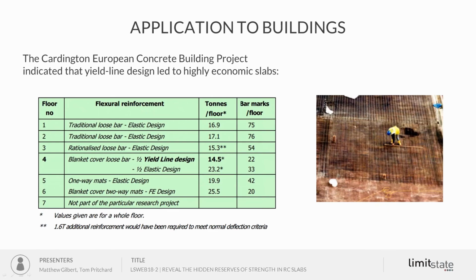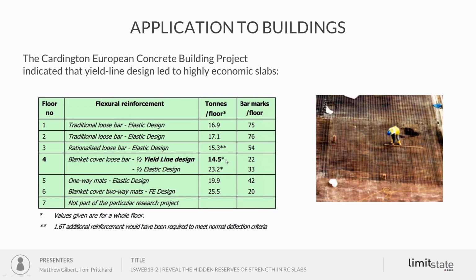If we think of applications to buildings, again, going back some years, there was a European concrete building project. There was basically a building constructed in the Cardington airship hangar in the UK. And what that project found, amongst other things, was that yield line design led to highly economic slabs.